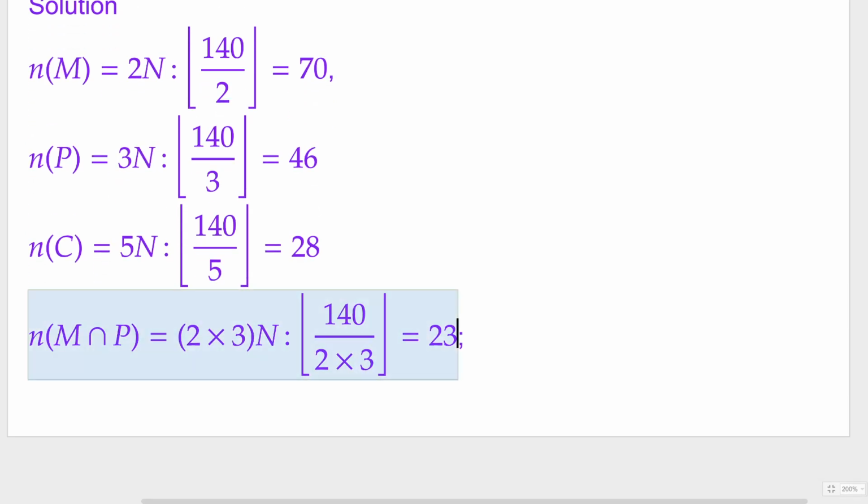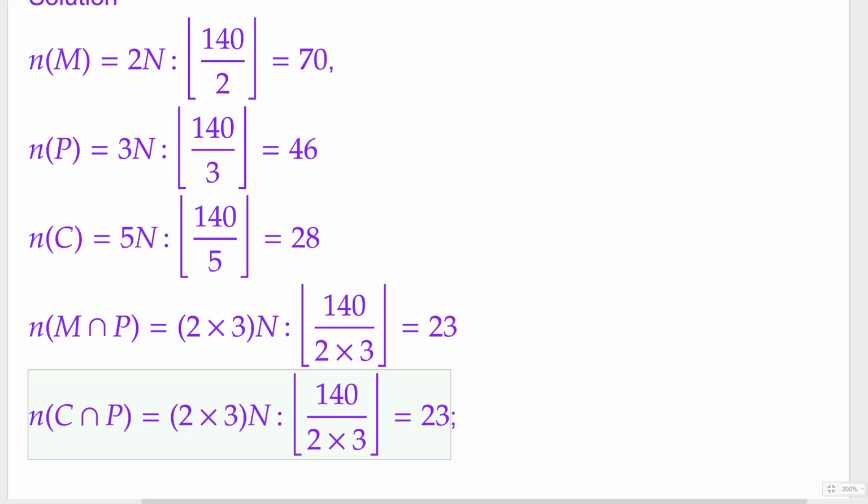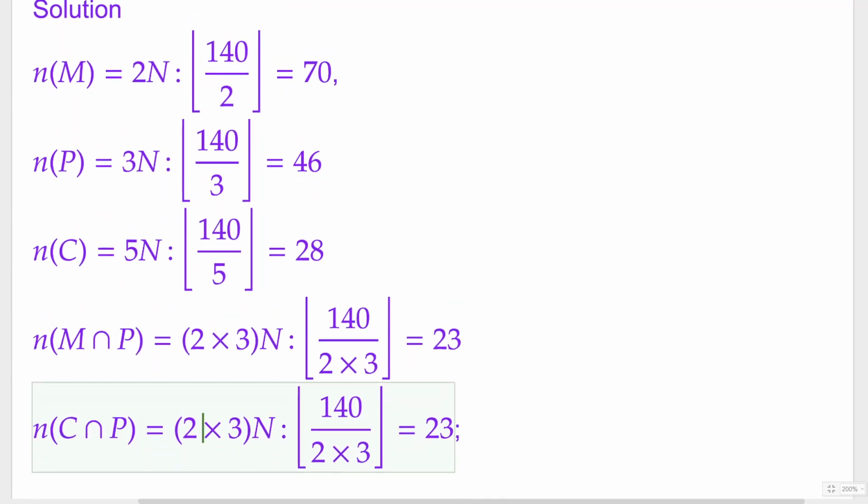In a similar manner, we can do the same thing for physics and chemistry. For chemistry we have 5, and for physics we have 3, so this would be 5 times 3, that is 15. So 140 floor division 15 results in 9.